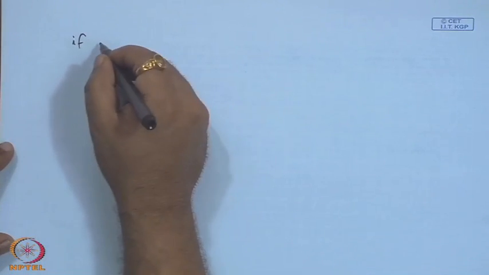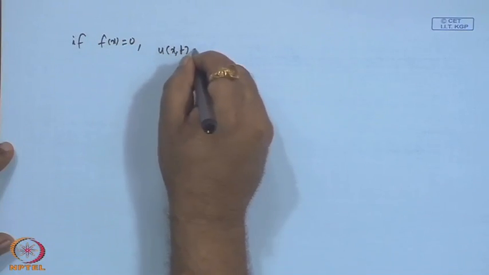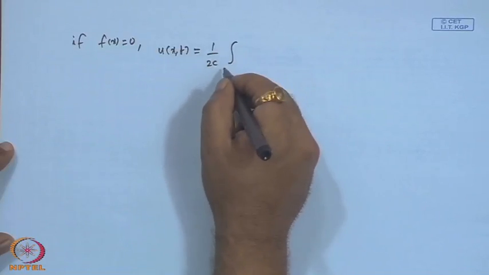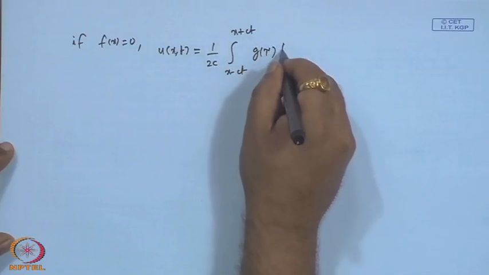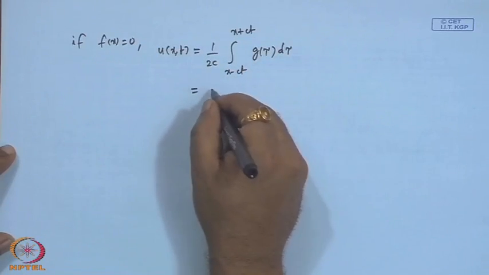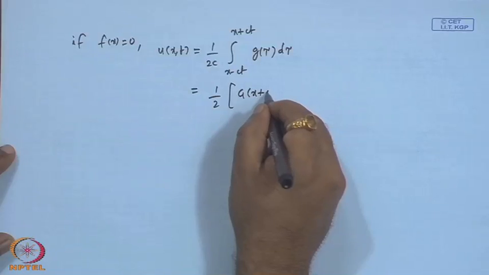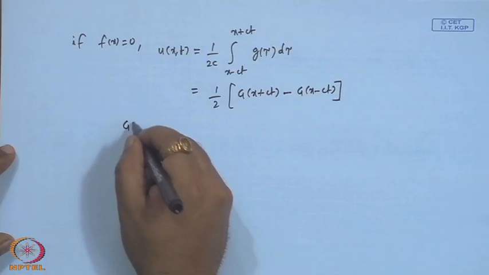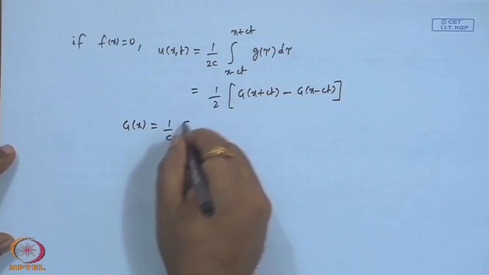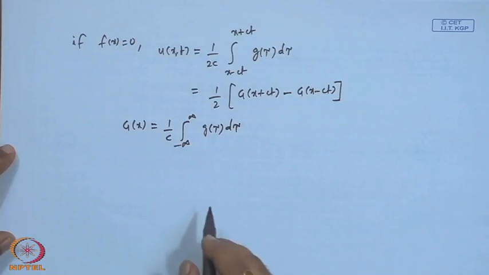Suppose f of x equals 0, then we have u of x, t as the following, where g of x is given.